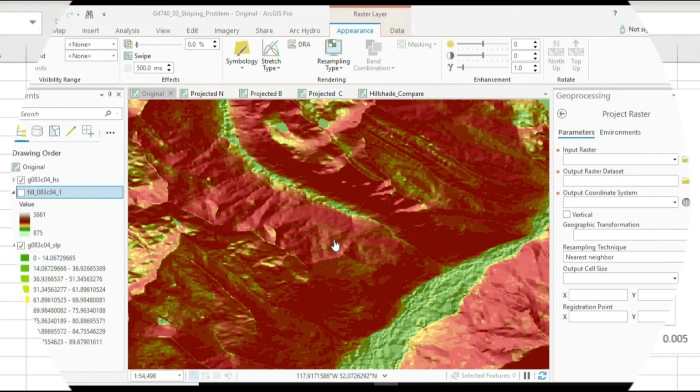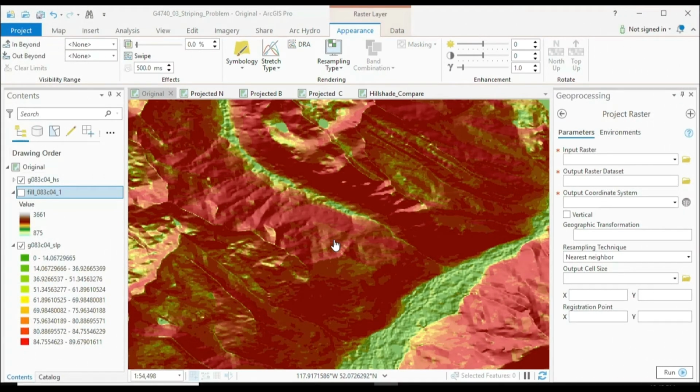So that means we have to project our raster file. We would go to the project raster tool, fill in our input raster, have an output raster data set, define our coordinate system, in this case it's UTM, and accept the rest of the default values and hit run.